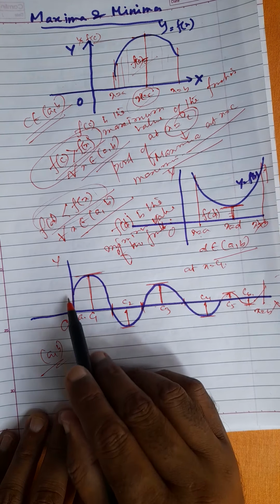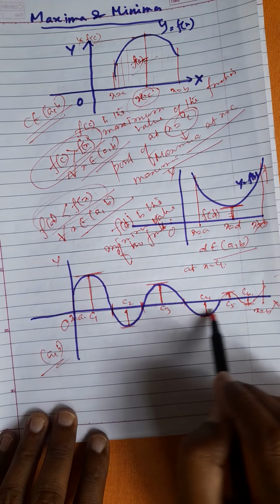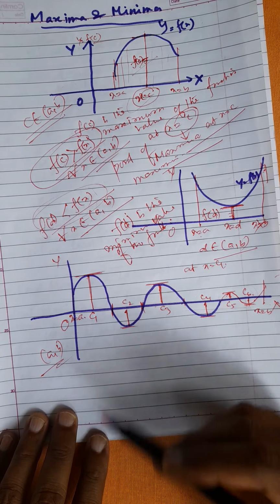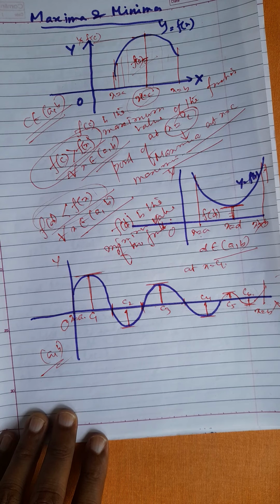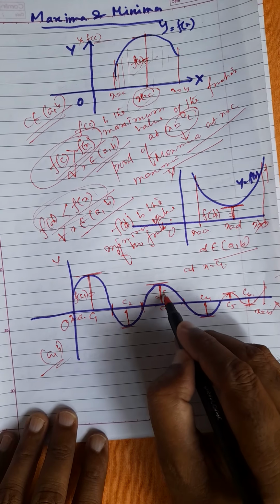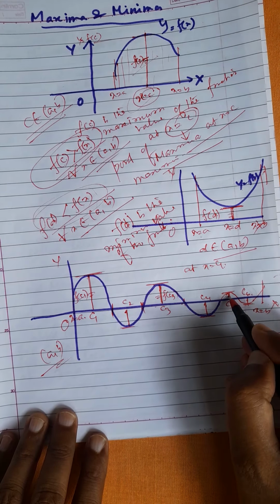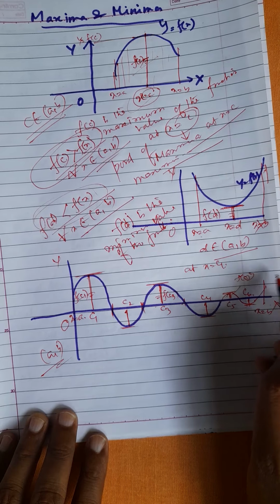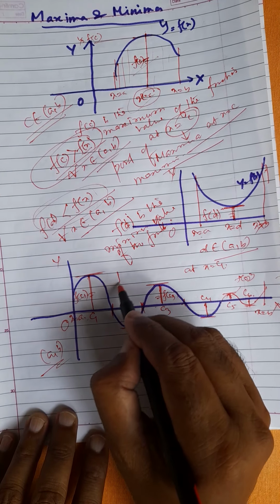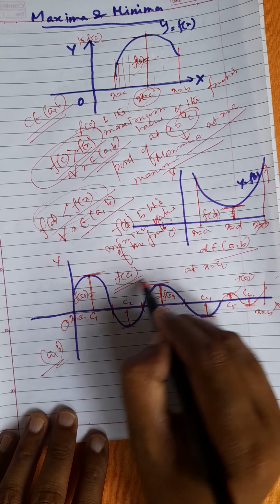Among these, in this interval, which are the extreme values? This is f(c1), this is f(c3), this is f(c5). Which is the extreme one in the interval (a, b)?